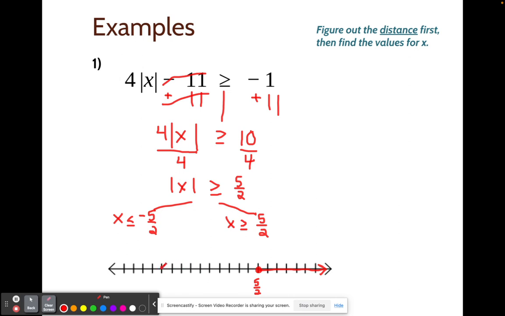About here, I'm going to put my negative 5/2. And my numbers that are less than or equal to negative 5/2 will go this direction. It is an or inequality.